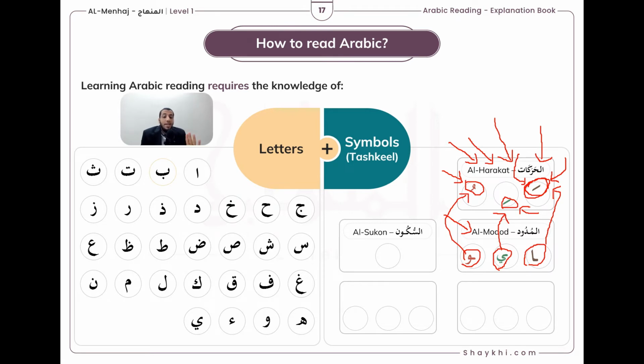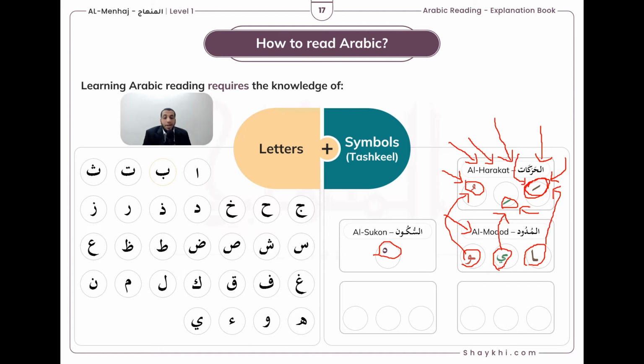As-sukun means just pronouncing the letter without adding any vowel sound. Could you tell me what the symbol of as-sukun is? Sure, take a look at the screen. Yes, this circle is the sign of as-sukun. So we have three things now: adding short vowel sounds, adding long vowel sounds, and adding no vowel sound. Al-harakat, al-mudud, as-sukun.